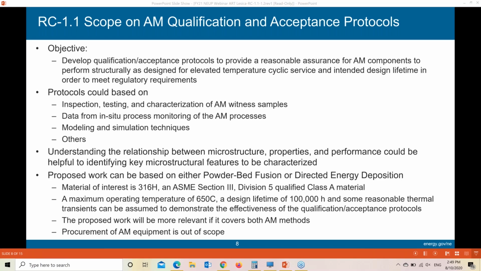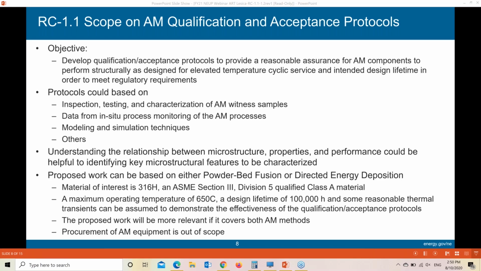Our focus is developing acceptance criteria and protocols for 316H because of its focus for advanced reactors. The AMM program is not currently focusing on this area, so we took it upon ourselves to look at this because of its direct application for advanced reactors. So there isn't any direct overlap with what's going on in AMM.